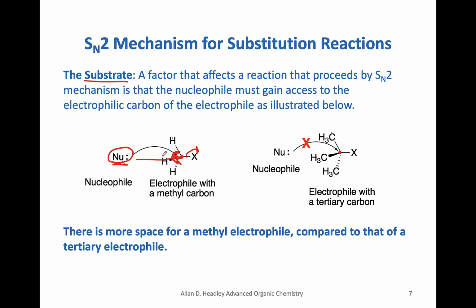So in terms of reactivity, the electrophile, if it has hydrogens, is more reactive than an electrophile that has alkyl groups bonded to this carbon. There's more space for the methyl compared to a tertiary electrophile.